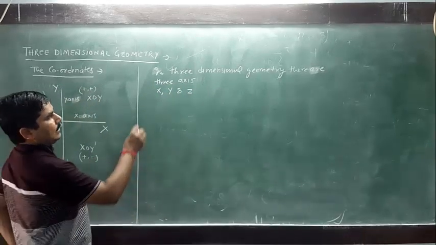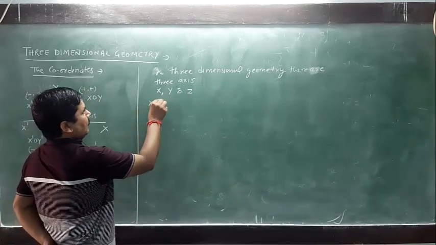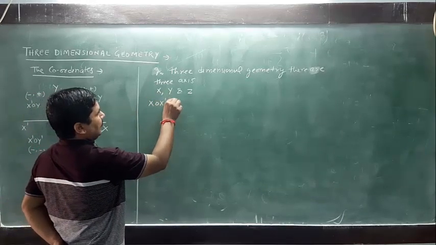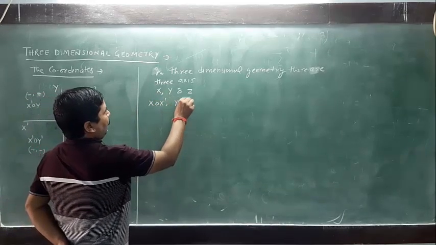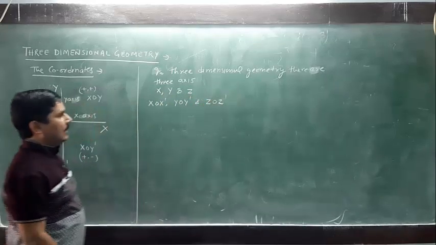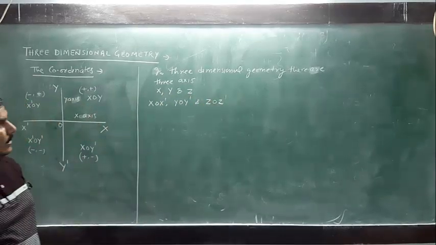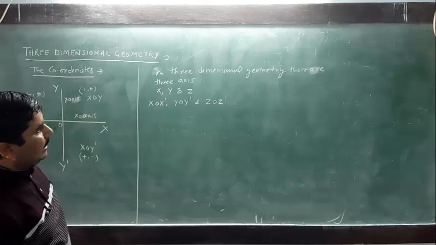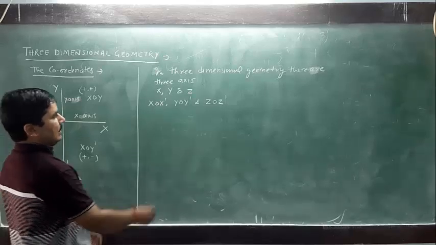You can say there are three lines: x o x dash, y o y dash, and z o z dash. And this whole space can be divided into 8 parts.